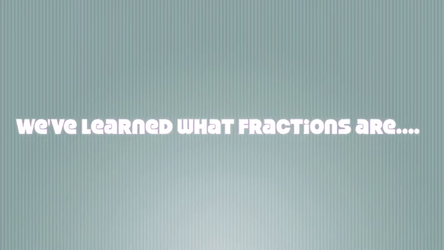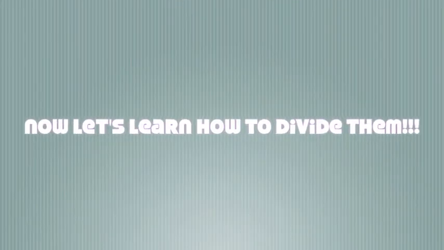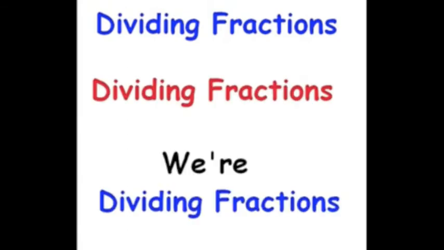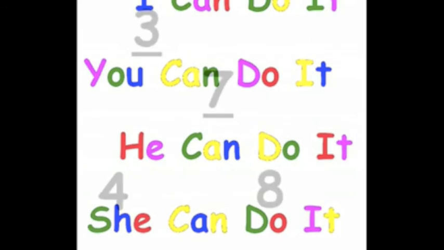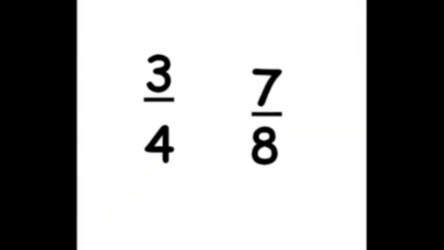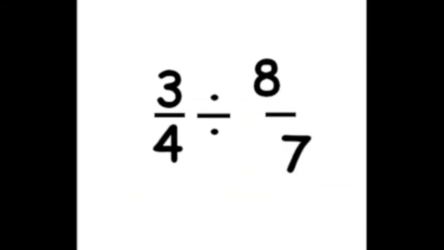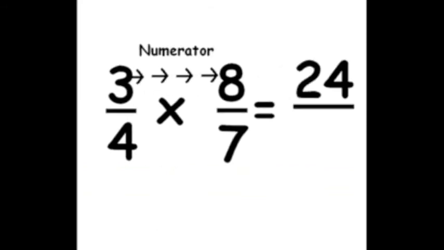We've learned what fractions are. We've learned how to multiply fractions. Now let's learn how to divide them. We're dividing fractions, dividing fractions. I can do it, you can do it, he can do it, she can do it. Now you take your fractions and line them up side by side. Then you flip your second fraction, the one you want to divide by. Then the numerator times the numerator you multiply.